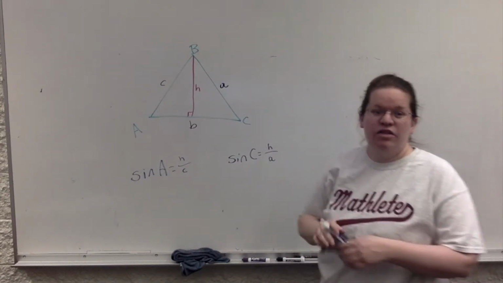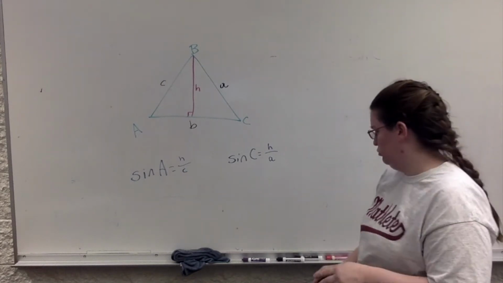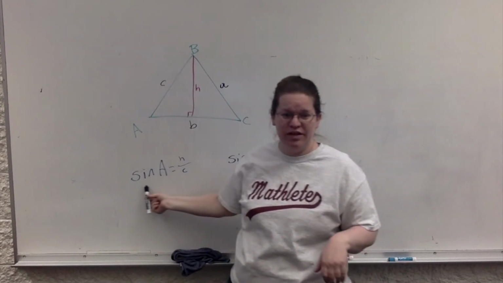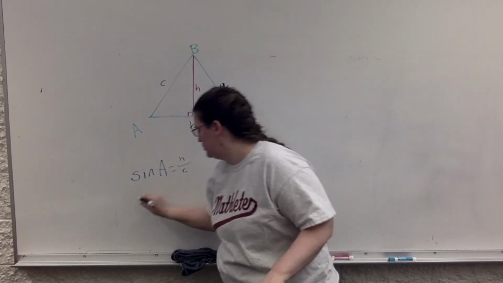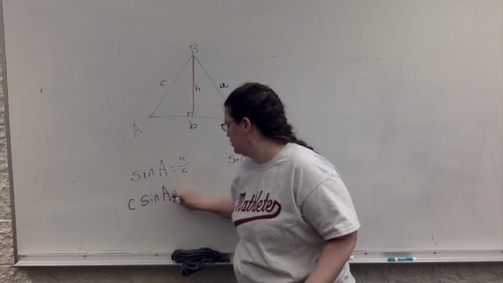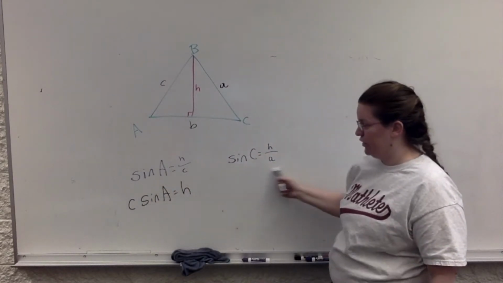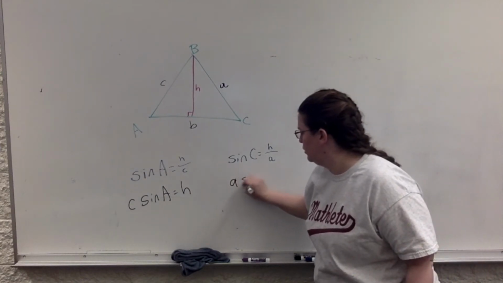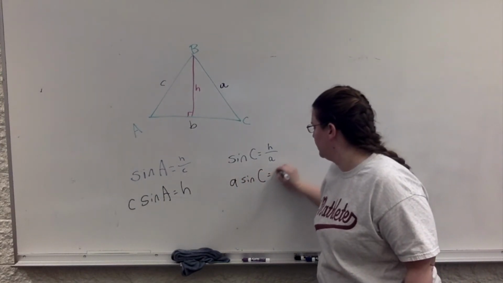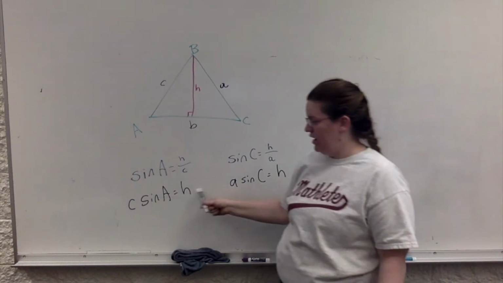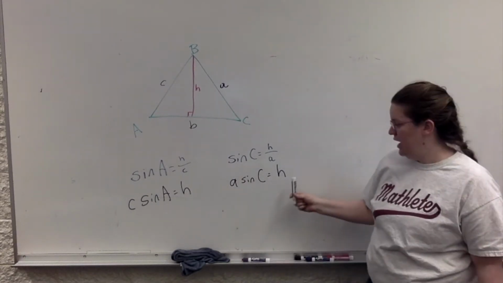Now remember, in math, we can do whatever we want to. So algebraically with this, I'm going to multiply both sides by C. And then over here, I'm going to multiply both sides by A. And then you need to notice that I have H equals and H equals.